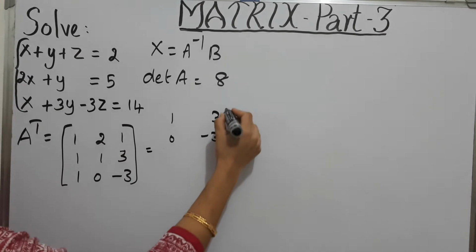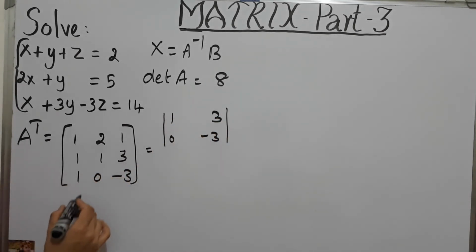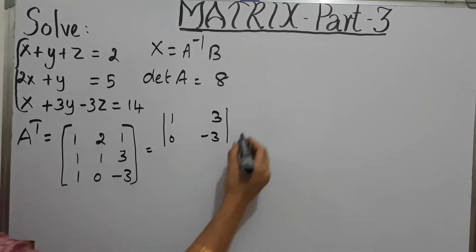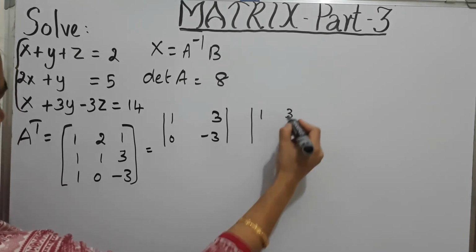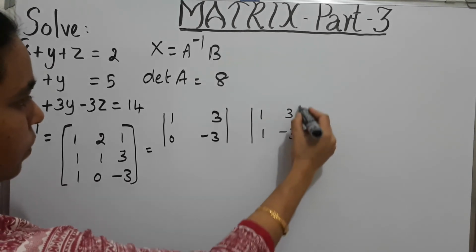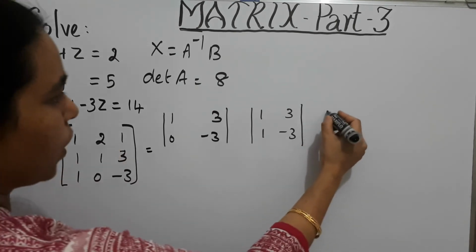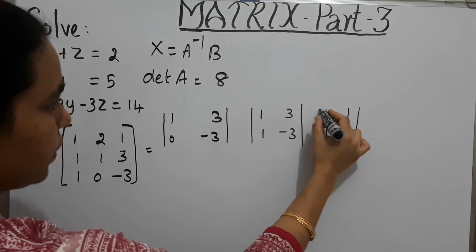This is the first element. For the second element, you ignore the middle column and take these 4 elements: 1, 3, 1, minus 3. For the next element, you ignore the third column, so this will be 1, 1, 1, 0. This is the third element.